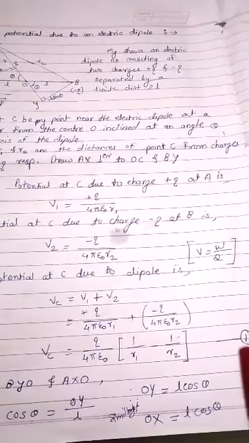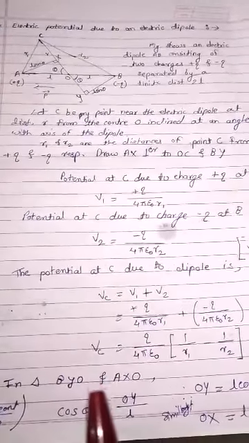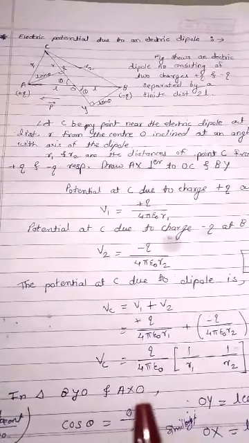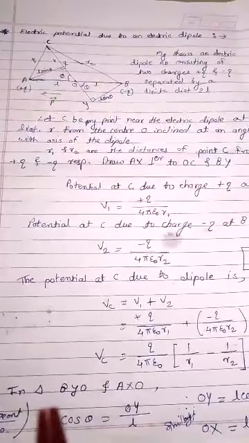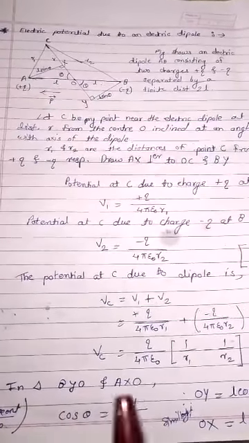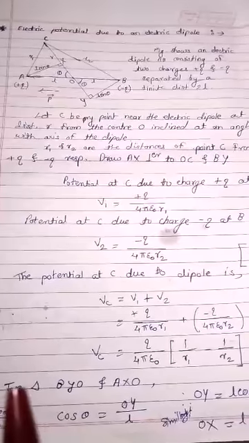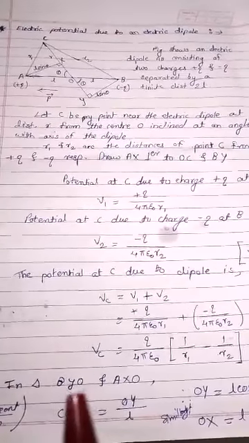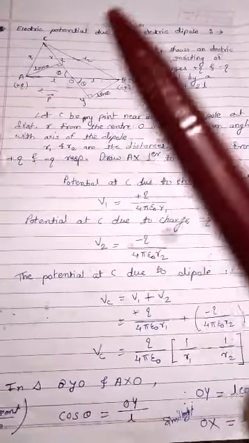This is equation number 1. Now the main part of this expression is in the triangle BYO. Now this is the figure.